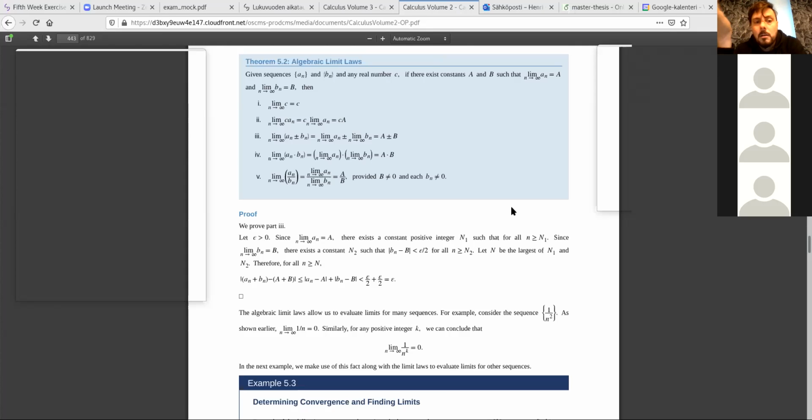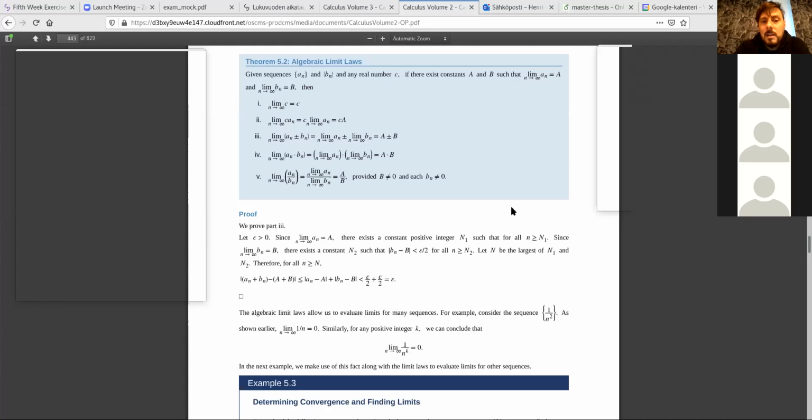The limit of c times a_n is c times the limit of a_n. The limit of the sum of a_n and b_n is the sum of the limits A and B, and the same for differences.